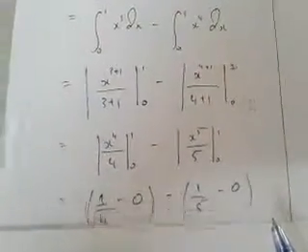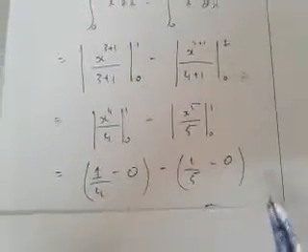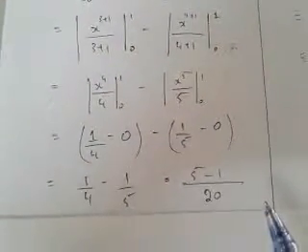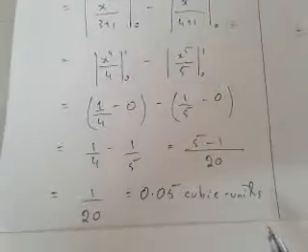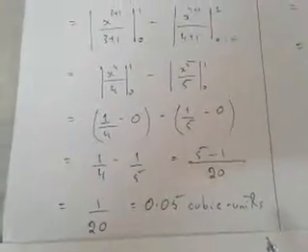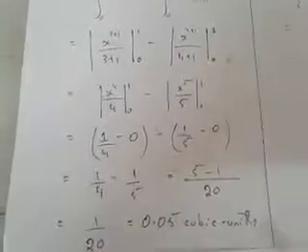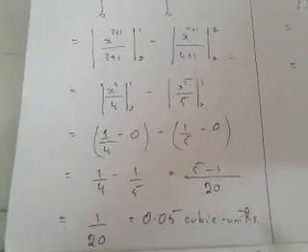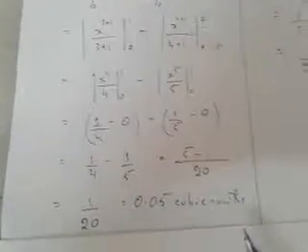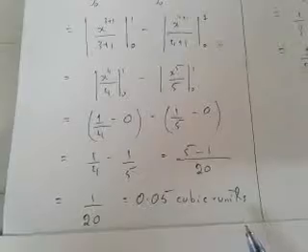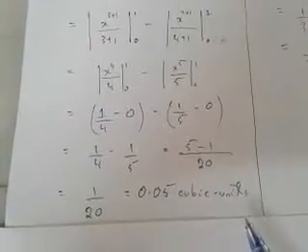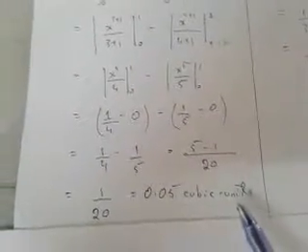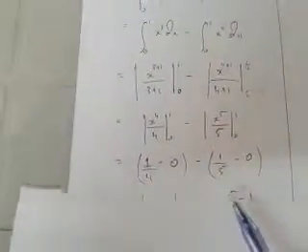Then you apply your limits, and then you take the LCM, and finally you get this answer. This is the volume bounded by that plane D and the surface right above it. So the object bounded by that plane D and the surface right above it is going to occupy this much volume. Now in the same way, we are going to approach the horizontally simple method.